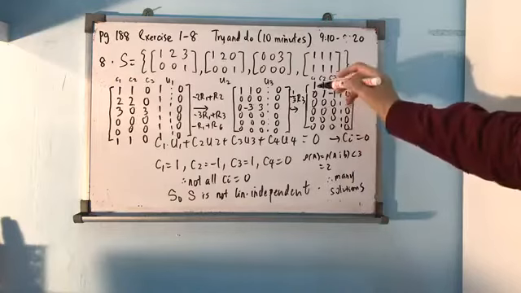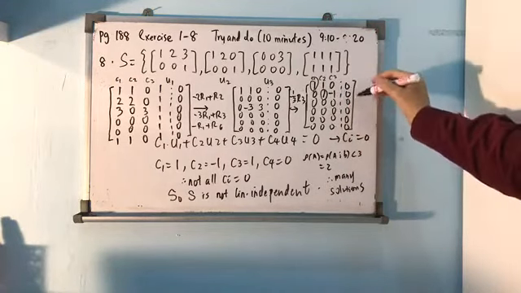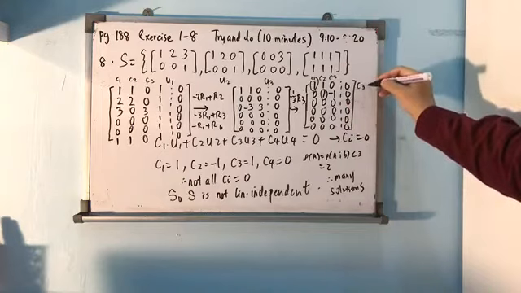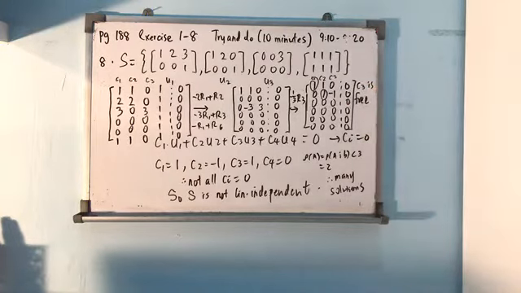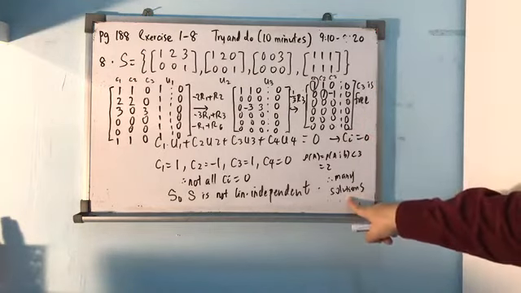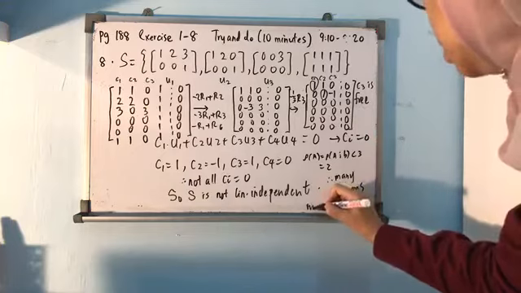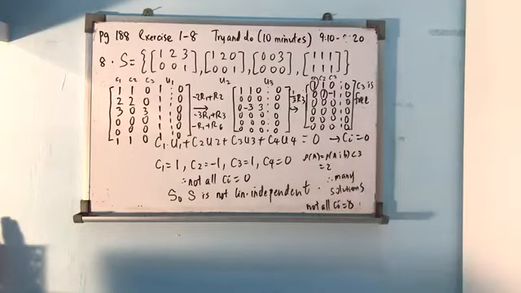Or you can say that C3 is free. You can also say that C3 is free variable. So when there is a free variable, then there are many solution. So you will say not all Ci is 0.